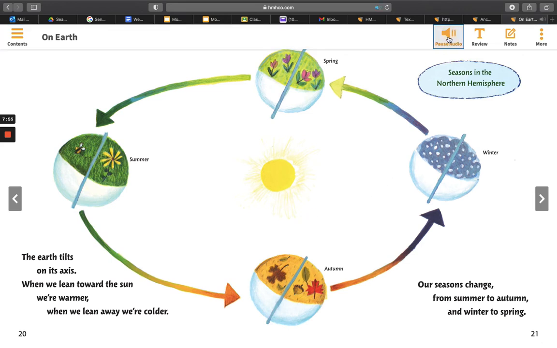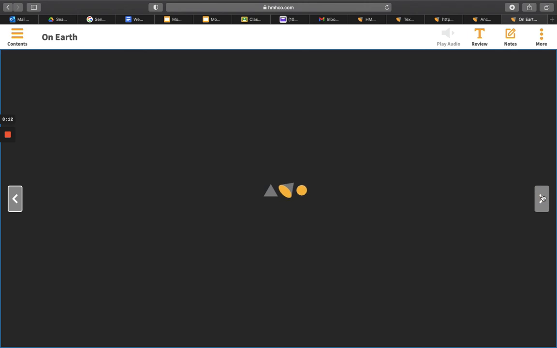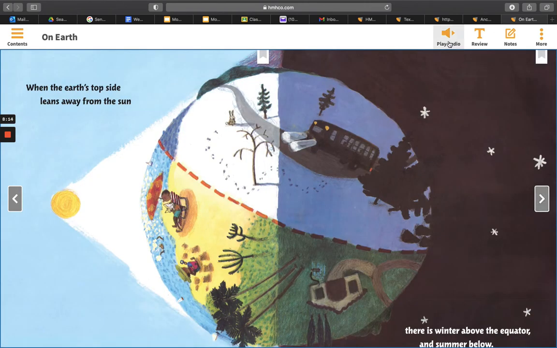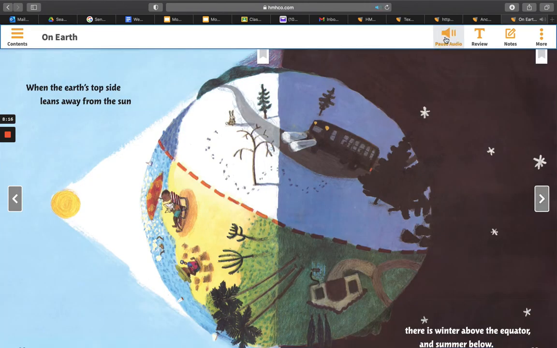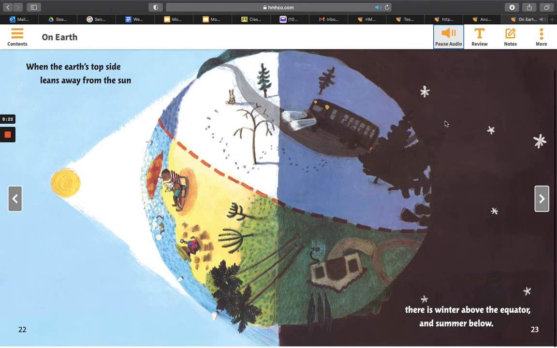Our seasons change from summer to autumn and winter to spring. Seasons in the Northern Hemisphere: autumn, winter, spring. And summer is over here. When the Earth's top side leans away from the sun, there is winter above the equator and summer below.